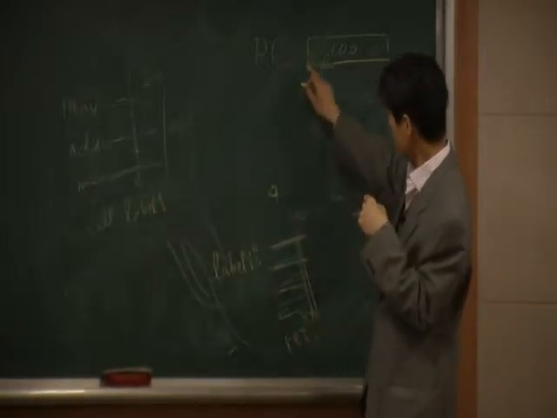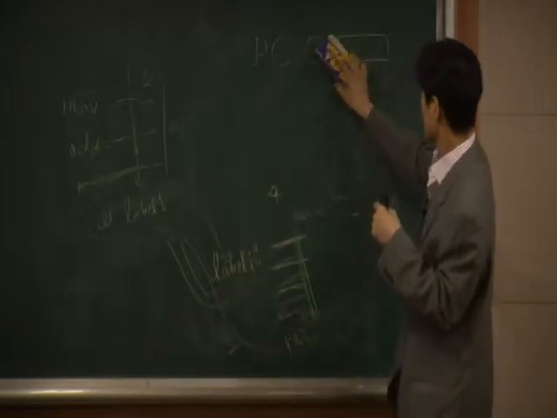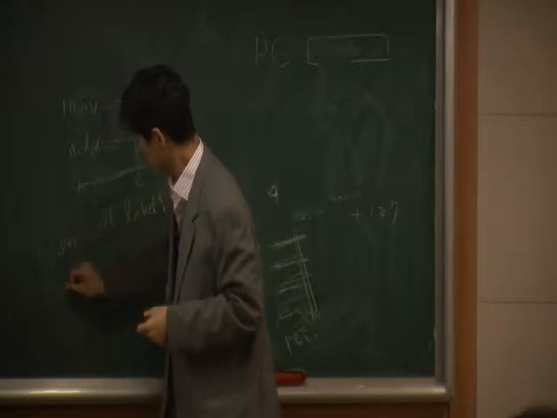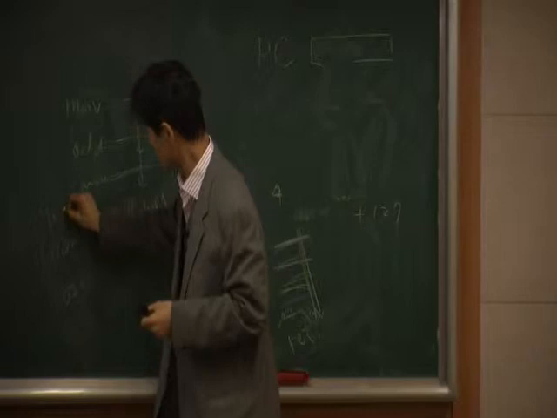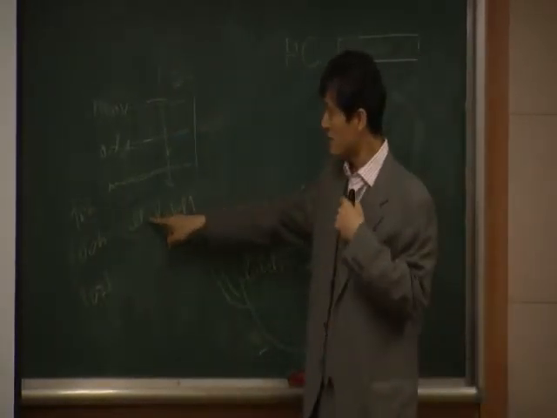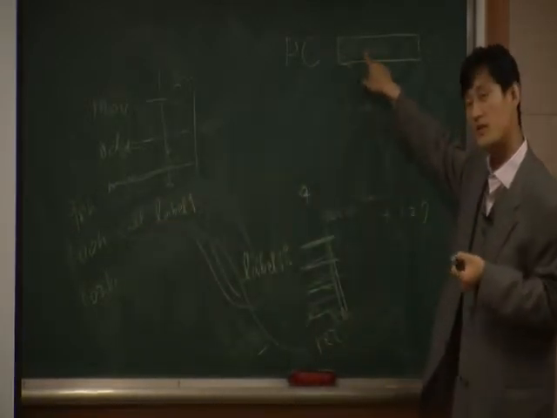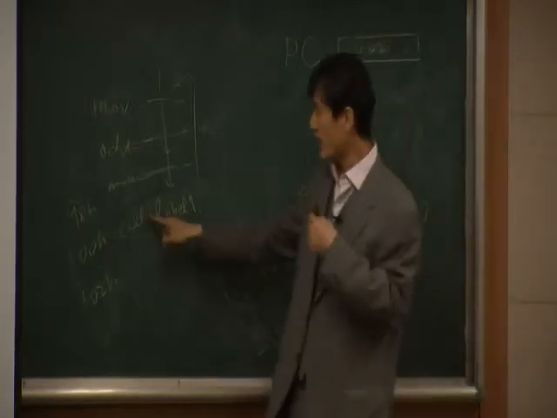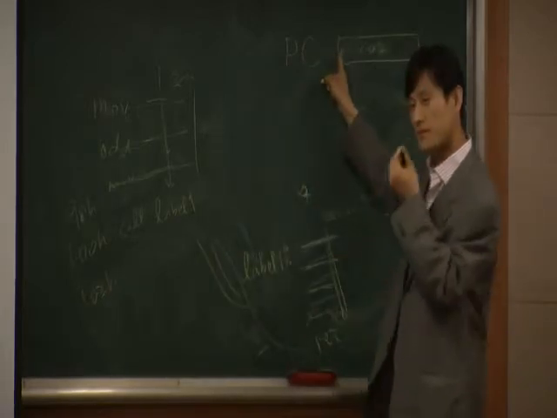At that point, what value do you have in the program counter? Let's give an example. This is 100, 102. Maybe this is 98. What value do you have? Let's say I'm trying to execute this instruction, then at that time the program counter has 102. When I execute this one, this goes to the program counter.